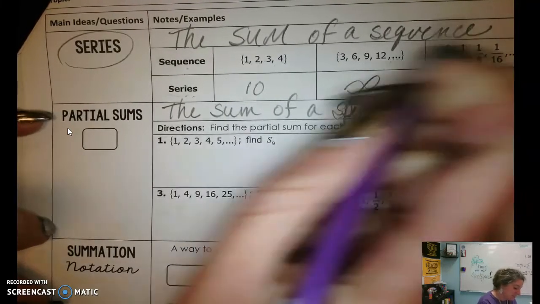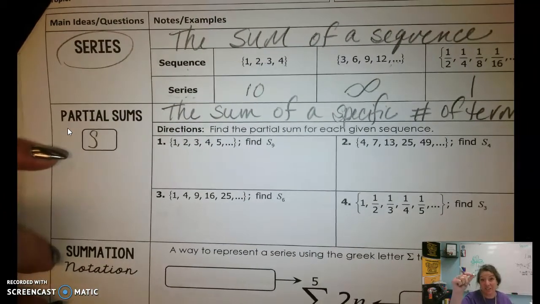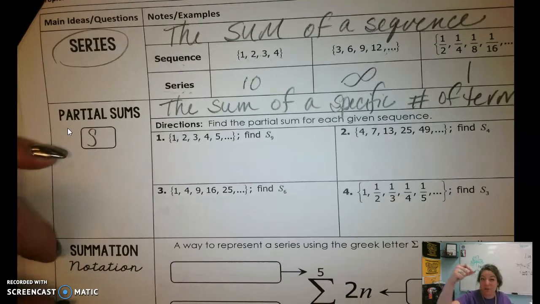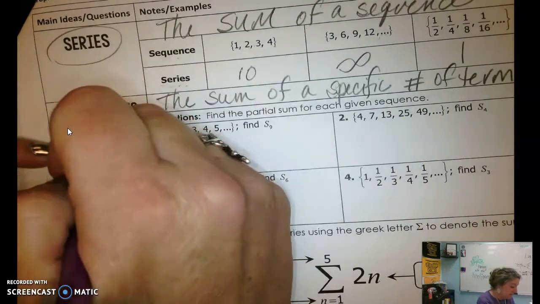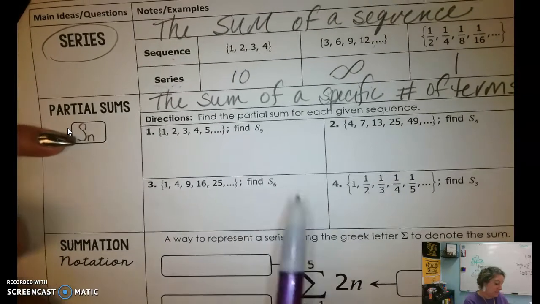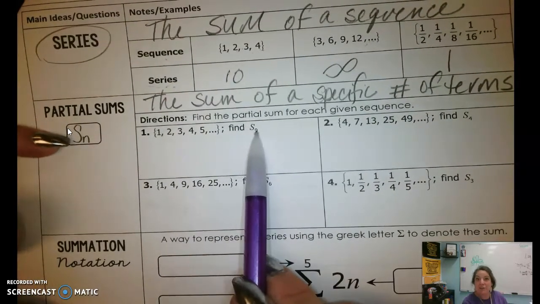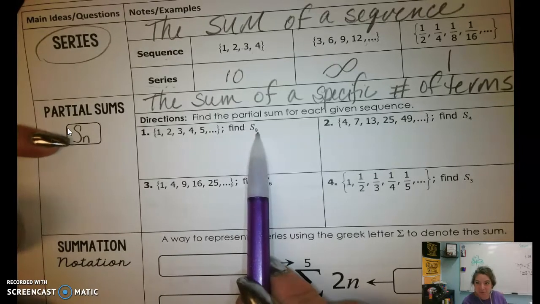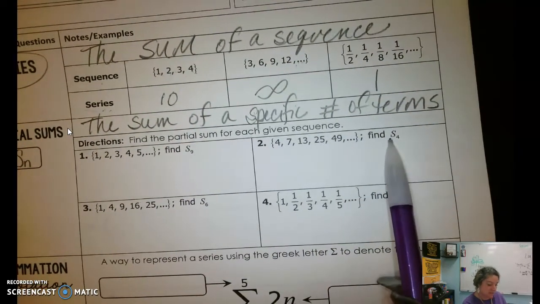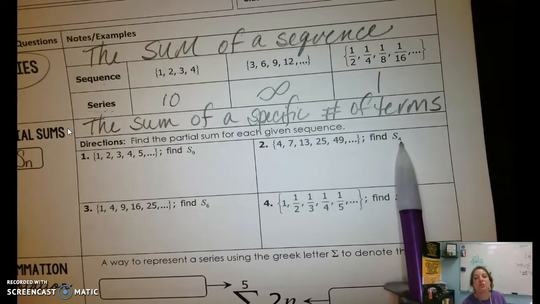And we actually denote that, the notation that we use, the way we write it, okay, is with a capital S and then n, so S of n. So this S of 9 means to find the sum of the first 9 numbers, okay? This one, the S of 4, means to find the sum of the first 4 numbers.